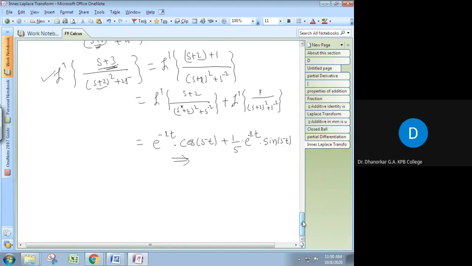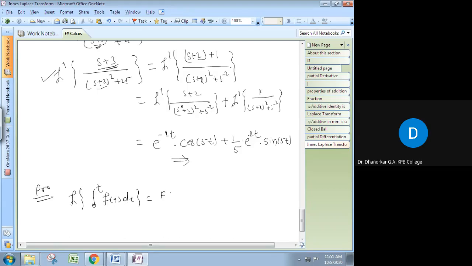Okay. Now here, these are the straightforward results. Suppose we have our example in this way, then what will be our answer for this? I will recall this property. What is the Laplace transform of integration 0 to t f of t into dt?